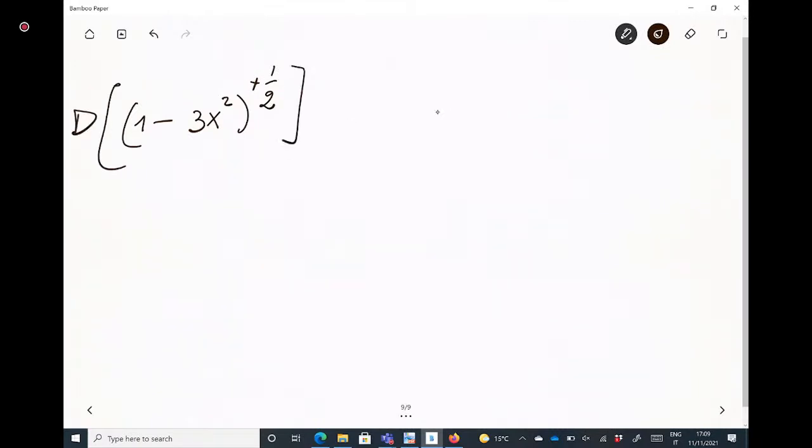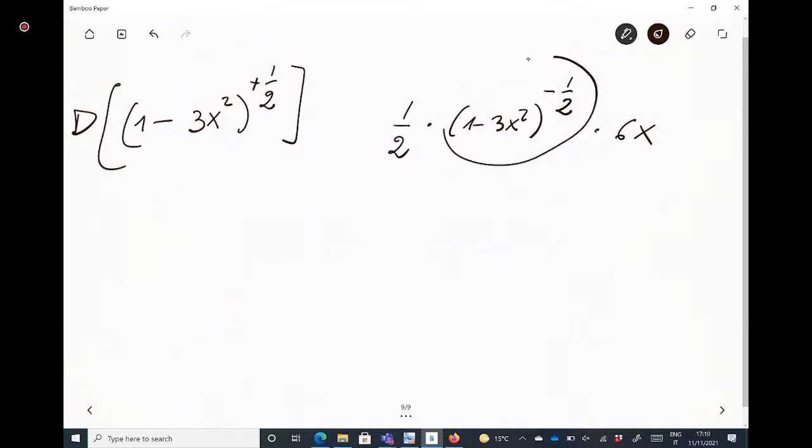So the derivative of this would be 1/2 times 1 minus 3x squared to the power of -1/2, okay, times 6x. Now it's basically given by a power function of a function of x times basically a constant times x, okay?